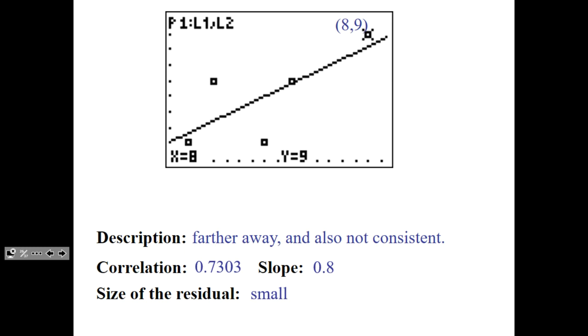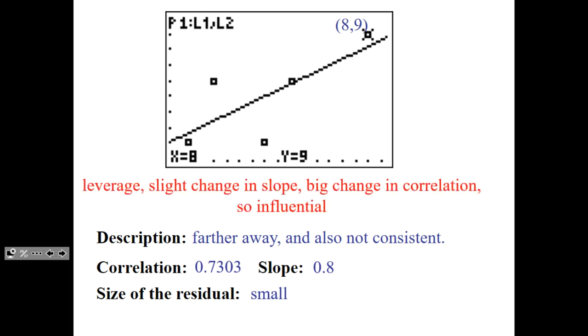But that correlation went through a significant change. That slope went from 0.4 to 0.8. So it definitely had some influence, but how about leverage? Yes, it's far away from the other points, so it does have leverage. It did make a slight change in slope. Now, I didn't think it's a big change in correlation. It is influential.